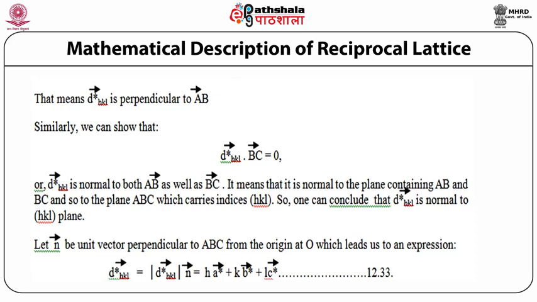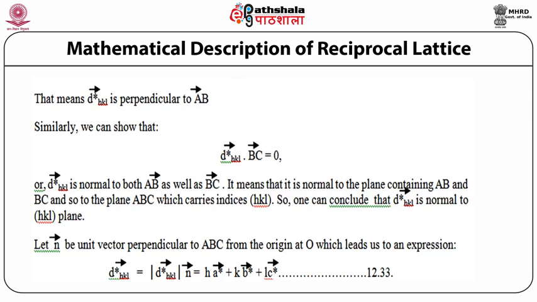It means that it is normal to the plane containing AB and BC, and so to the plane ABC, which carries indices hkl. So one can conclude that d star hkl vector is normal to the hkl plane.